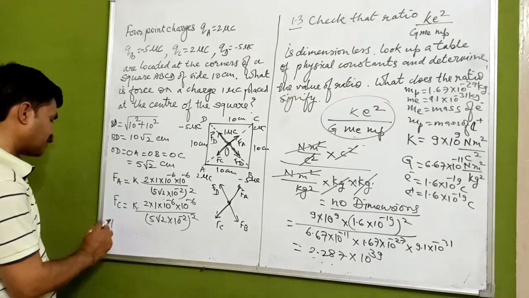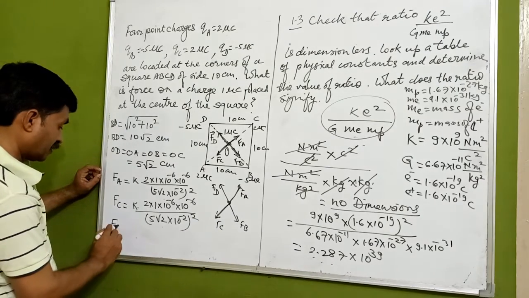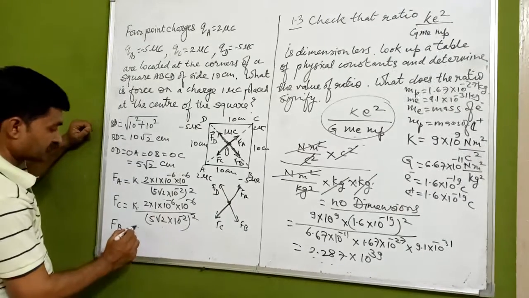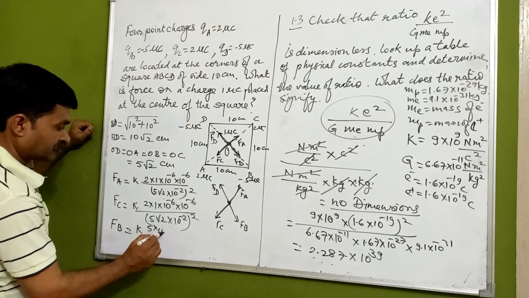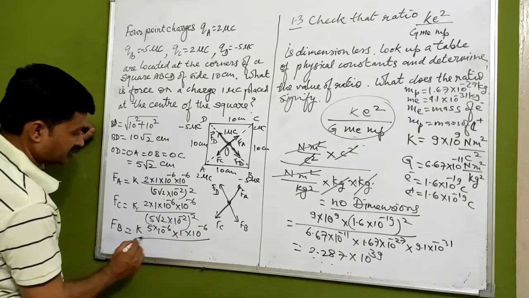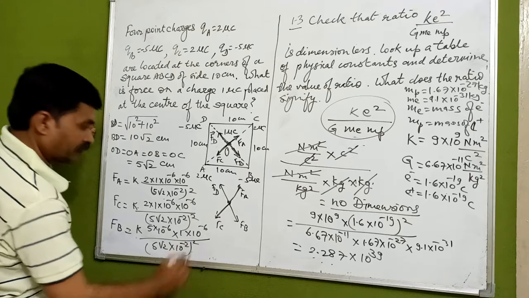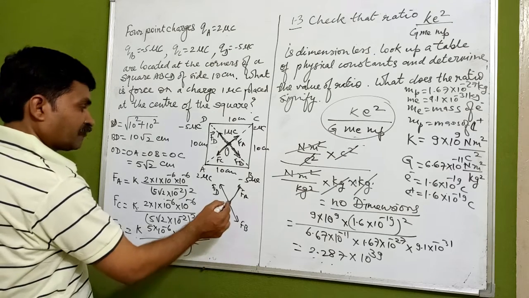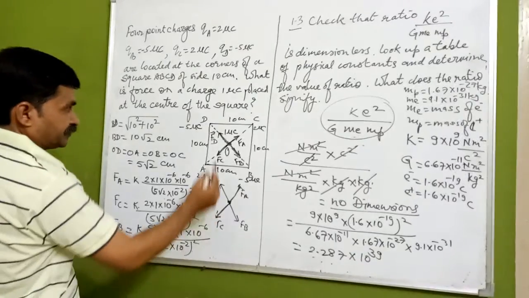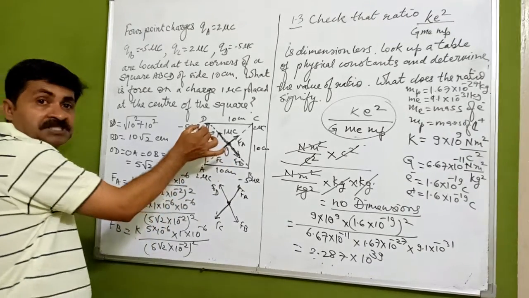Now when we are talking about FB and FD, FB is the attractive force, K times 5 into 10 raised to the power minus 6 into 1 into 10 raised to the power minus 6, with the same distance 5 root 2 into 10 raised to the power minus 2, squared. Similarly, FD is the attractive force acting in this direction, because this charge is positive and this charge is negative.